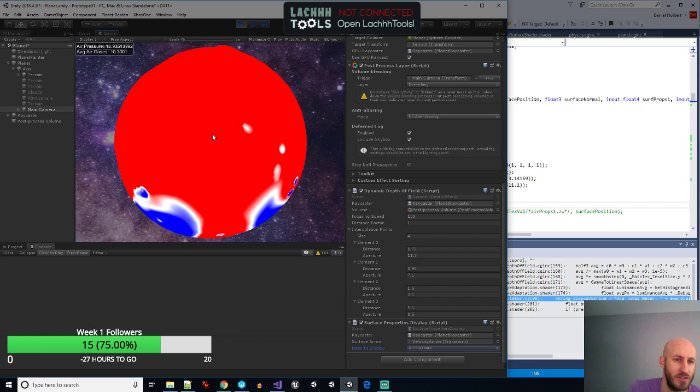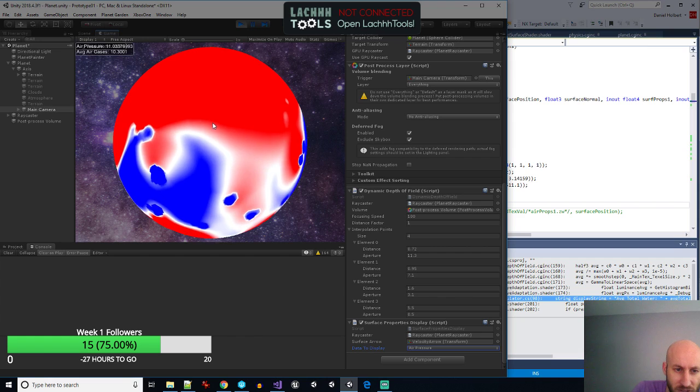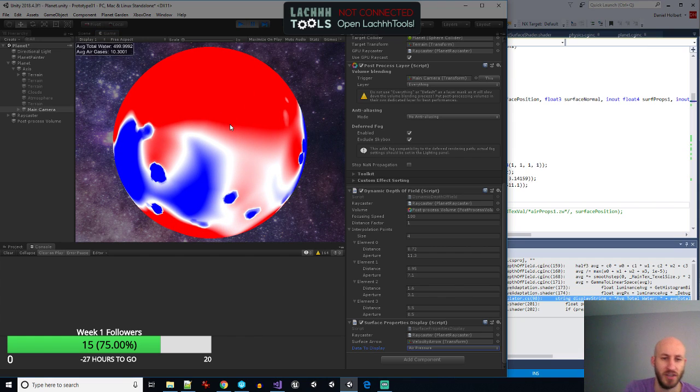So my air pressure is a little high, but it's falling to something more reasonable. So I'm going to pause it here. And actually, what I'm going to do is pause the simulation so I can inspect what wind values are being generated by these pressure gradients.